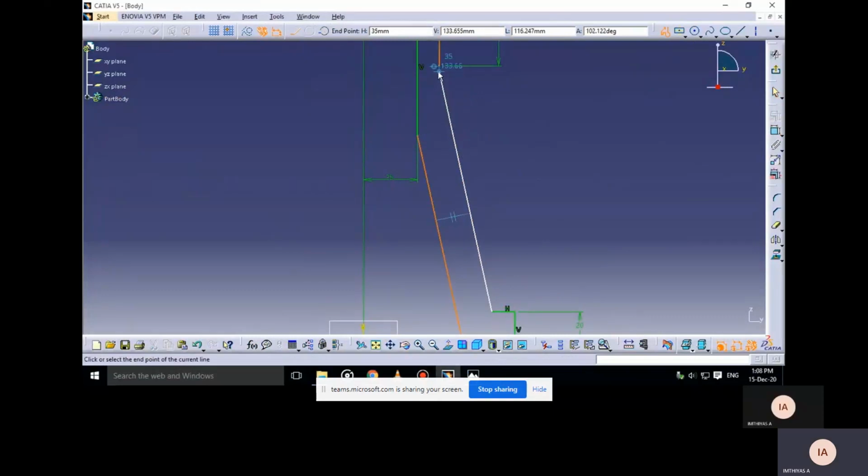Actually, there is a groove over there that we have to show.